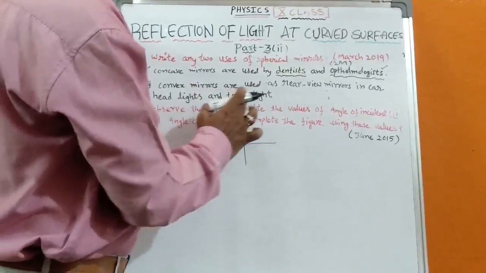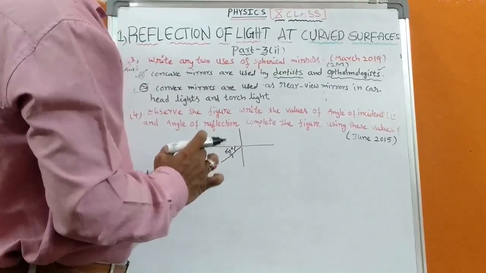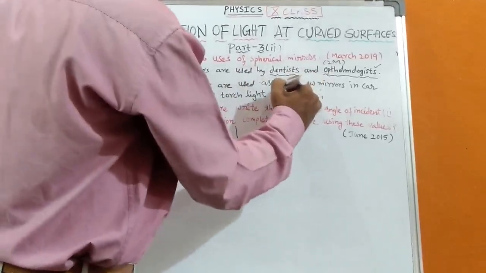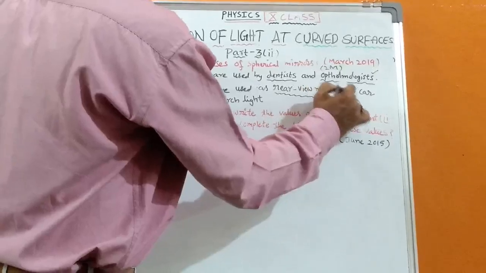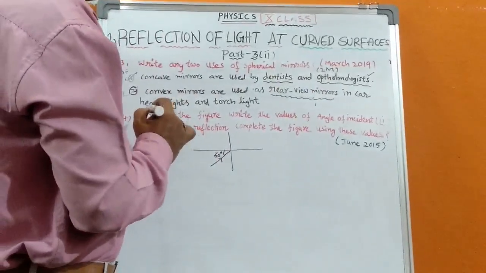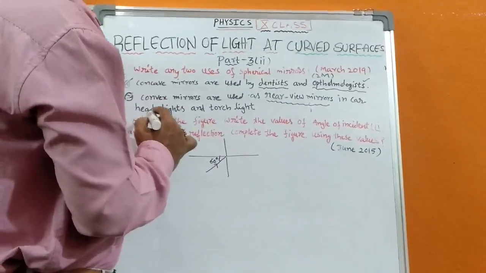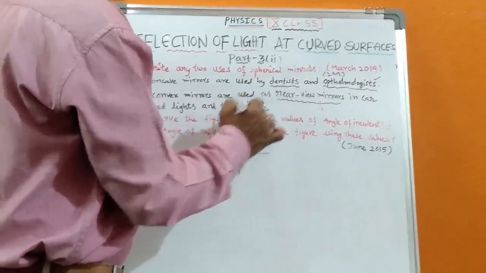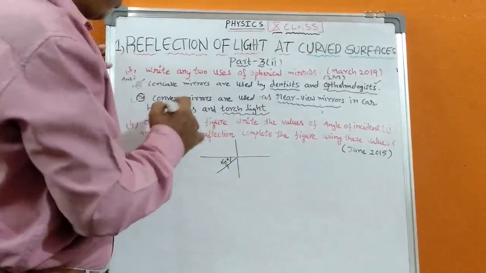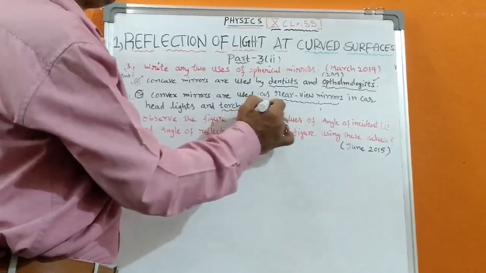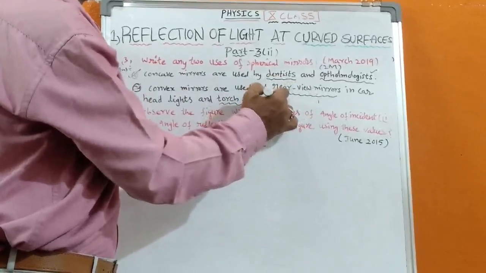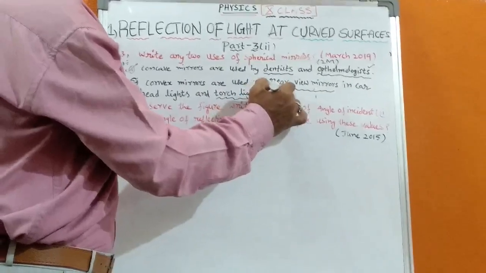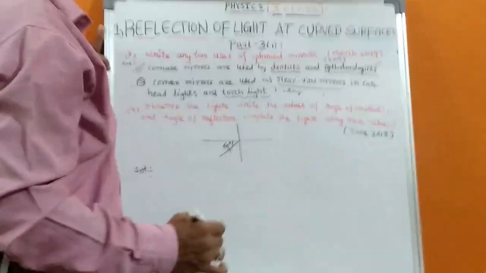headlights and torchlights. See, here we use convex mirrors for rear view mirrors, and we use them in torchlights, because the question can be asked in this way also: why are we using the convex mirror here?